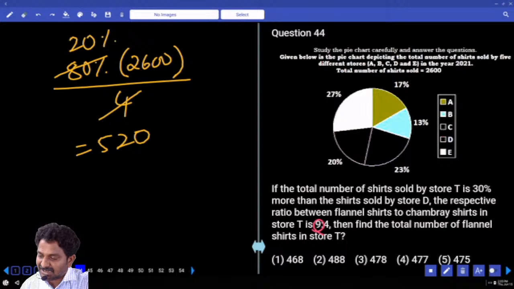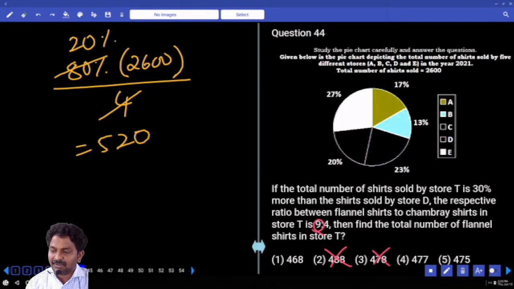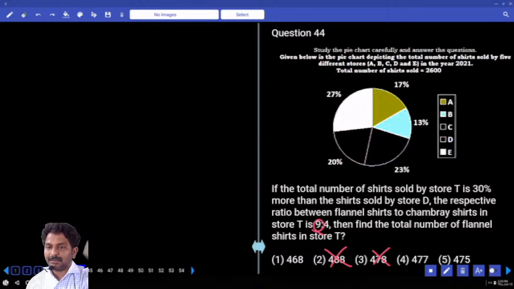It must be a 9 multiple. Can it be the first option? Can it be second? Third? Fourth? Fifth? No.